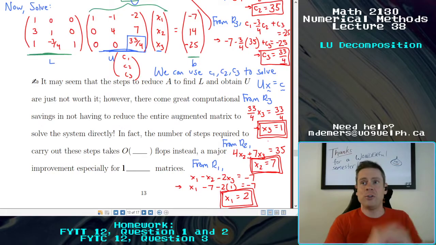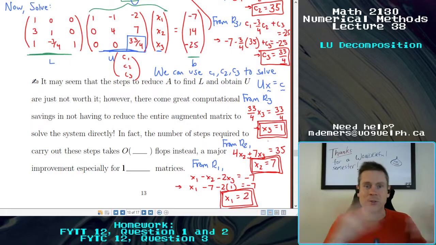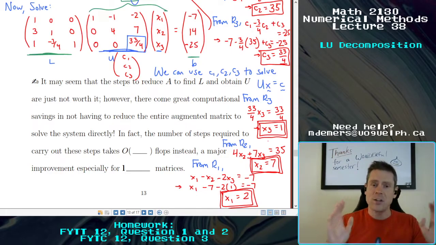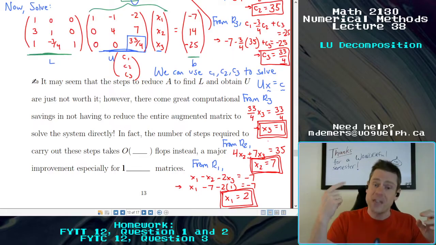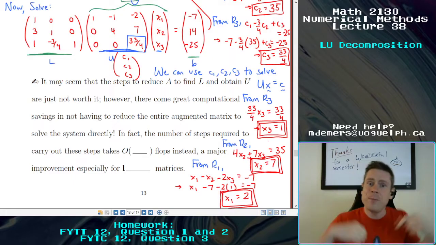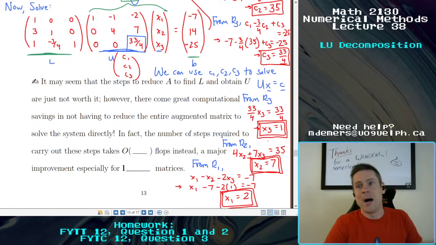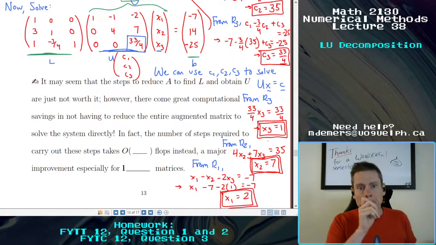That means if I were to double the dimensions of a matrix from like 2 by 2 to 4 by 4, I'm generally increasing the number of steps required to find a solution by a factor of 8. If I were to triple the size of a matrix, I would be increasing the number of steps by a factor of 27. And that gets really big really quickly because of all the different operations that are involved.